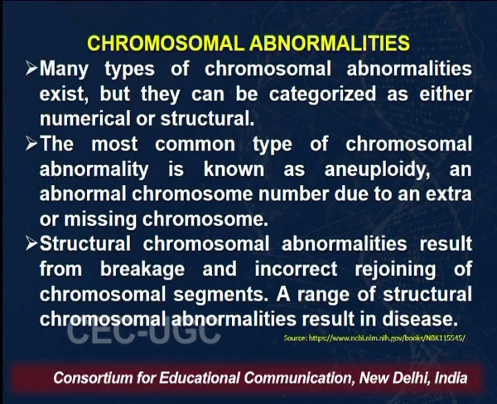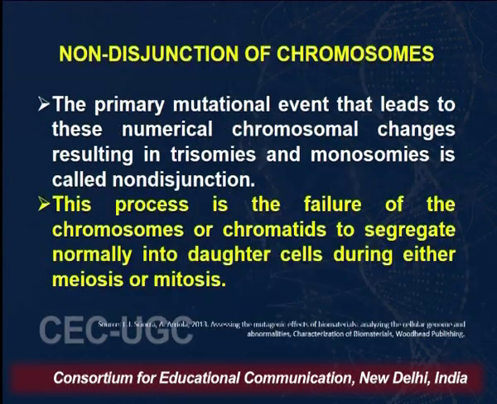Now, there are various chromosomal abnormalities, which can be numerical abnormalities or structural abnormalities. We will come to some of these abnormalities and discuss how exactly these chromosomal abnormalities result in disease conditions.